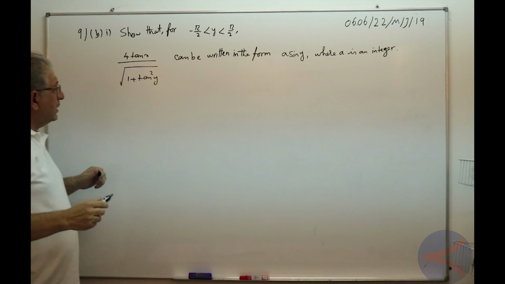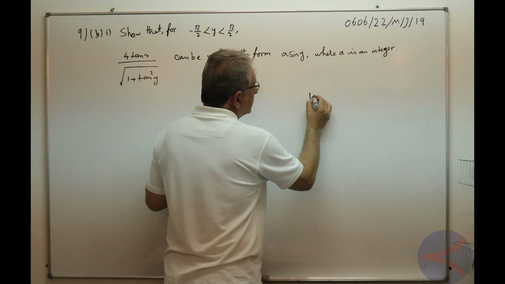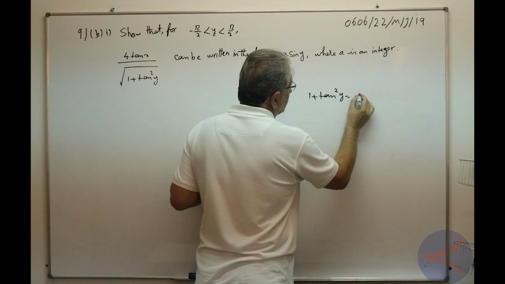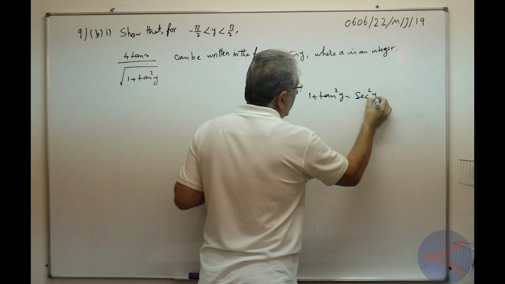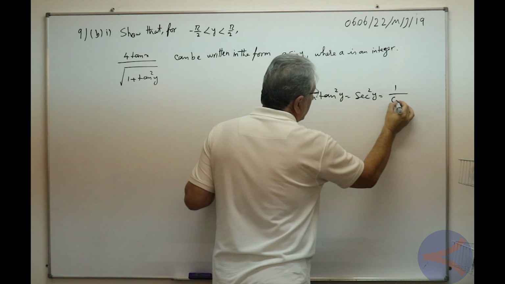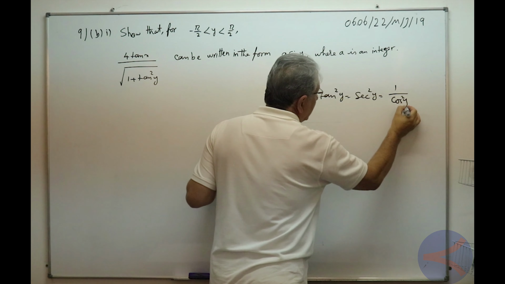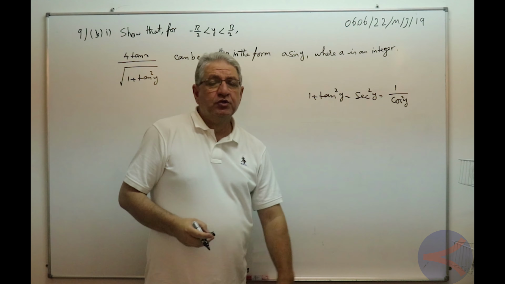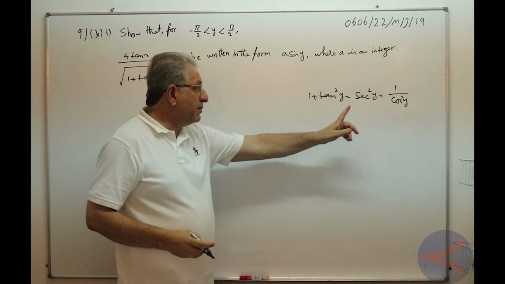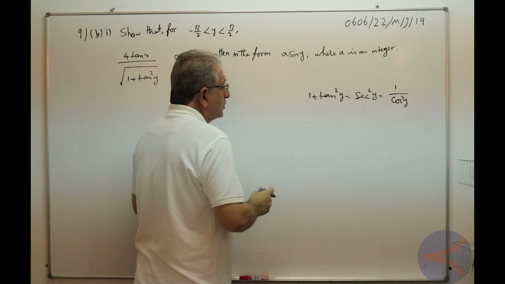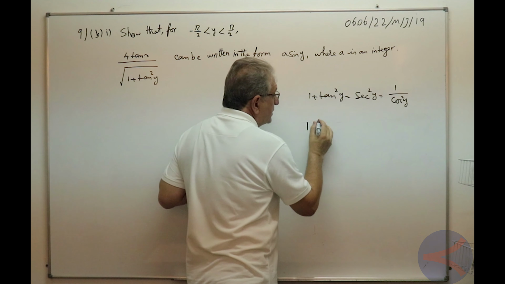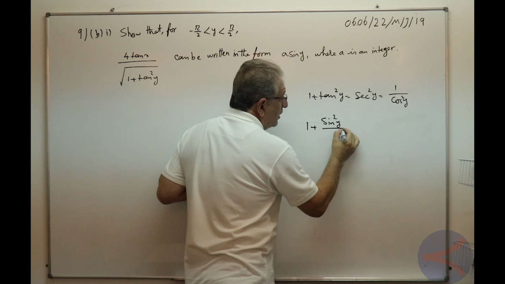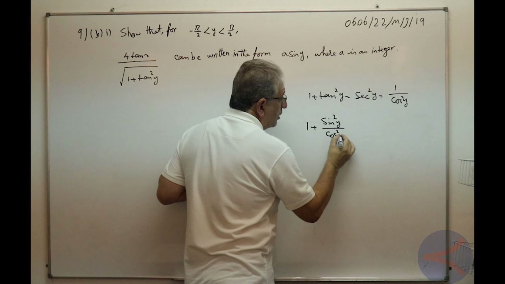If you are aware that 1 plus tan square of y is equal to sec square of y, which means 1 over cos square of y, therefore your job is easy. But if you don't remember this formula, you should at least remember that tan square y is equal to sine square of y divided by cos square of y.